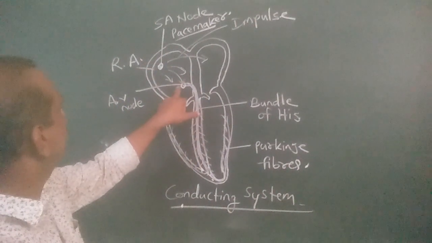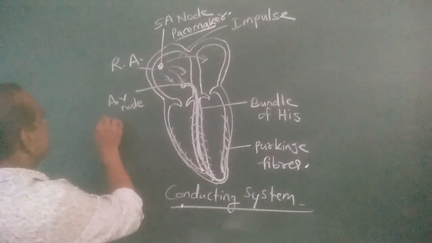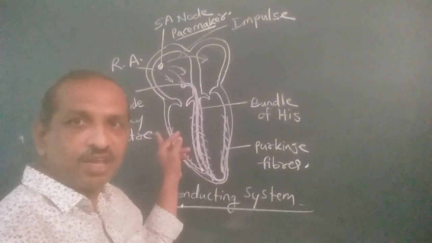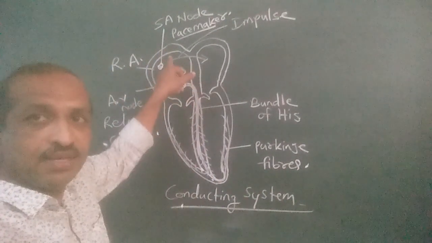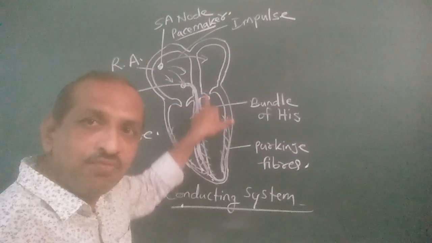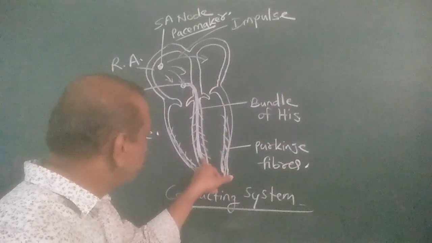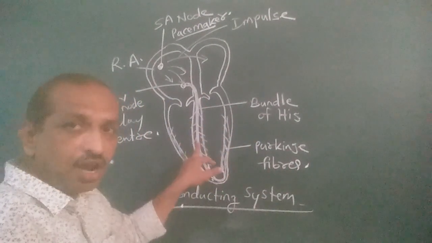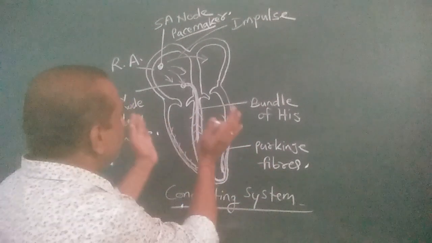It is called the atrioventricular node, and it is also called the relay center, R-E-L-A-Y, because it receives the impulse generated by the SA node. The AV node gives rise to a bundle of fibers called the bundle of His. This bundle of His runs through the septum between the two ventricles, and from it the small microscopic fibers arise and spread over the wall of the ventricles.